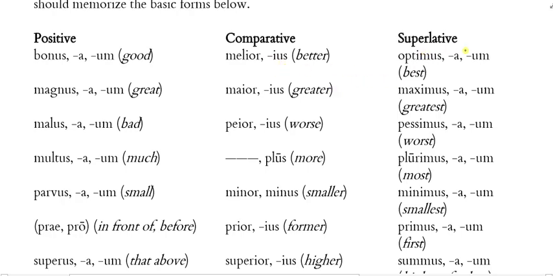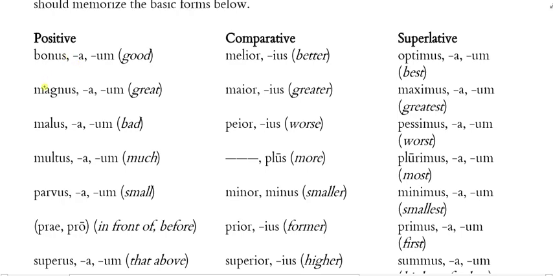And then superlatives, these follow the 2 1 2 pattern, whereas comparatives are 3 3s. They're following third declension. Okay, so let me just read through these real quickly with you. And again, keep your eye open for these as you see them in your reading, and be working on memorizing these forms, these basic forms.